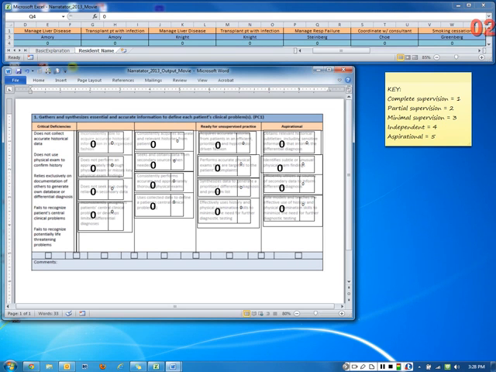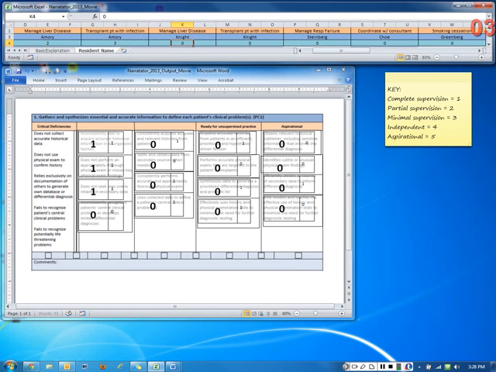So to start off, just to show what a resident would look like who had maybe an R1 with a lot of partial and minimal supervisions, I'm going to say that each of these EPAs were given partial and minimal supervision values by the attending. In this case, Dr. Amory, with manage a patient with decompensated liver disease, gave her a partial supervision, and work up a transplant patient with signs of infection, he gave her a minimal supervision.